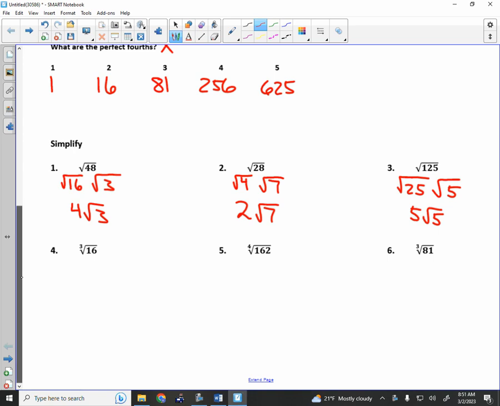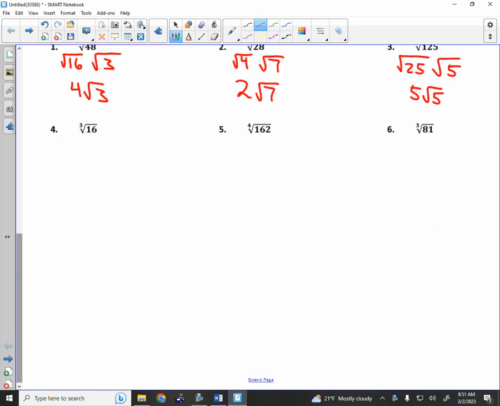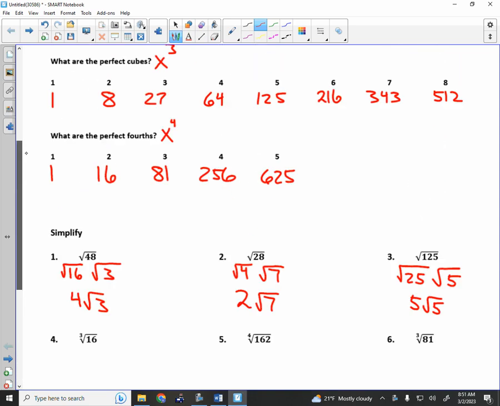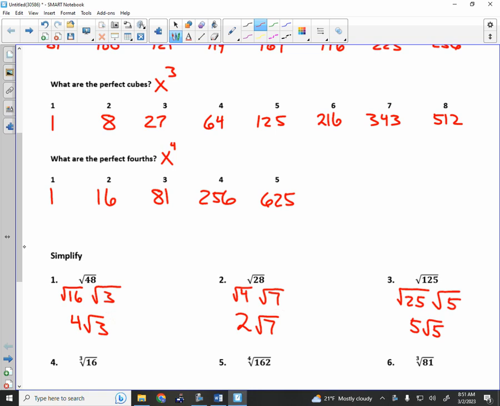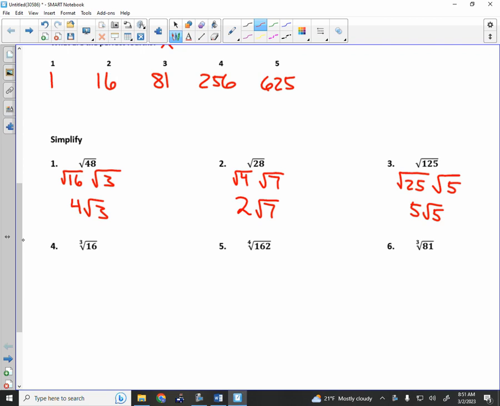What is different about number 4? Now you're looking at a cubed root. So I do not look at these numbers here. I look at these numbers here. What is the perfect cube that divides evenly into 16? 8 divides evenly into 16. Agreed?